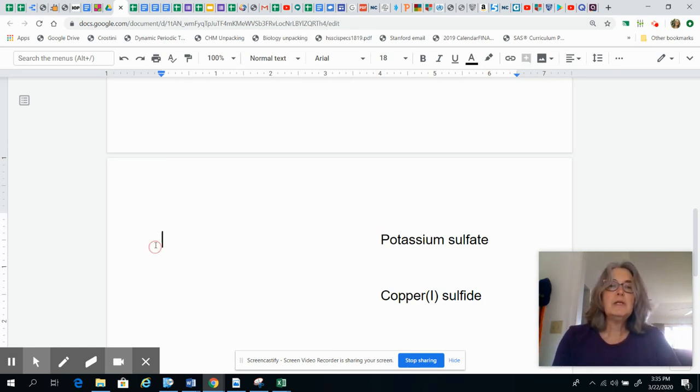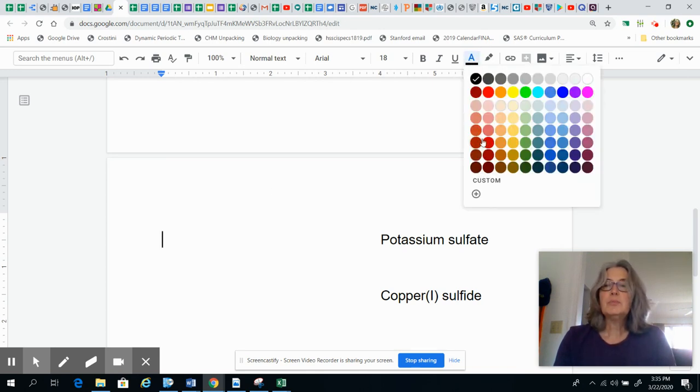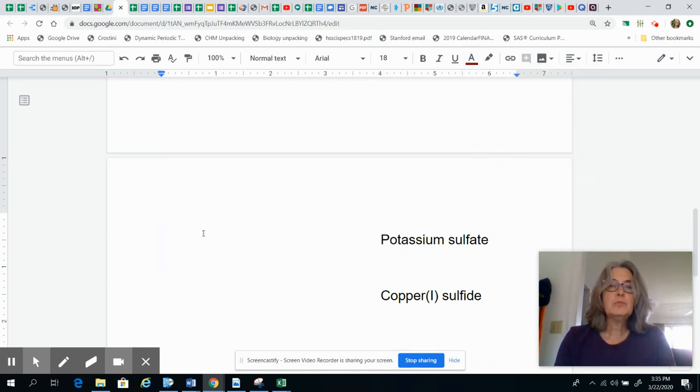Okay, somewhere I gave you the name. So if you're given the name, let's start by trying to find the ions, and then we'll use the charges, put them together, and get the formula. So potassium, by this time, you're probably pretty comfortable finding that one. We'll make that a dark red. Potassium is in group 1. That's K plus.